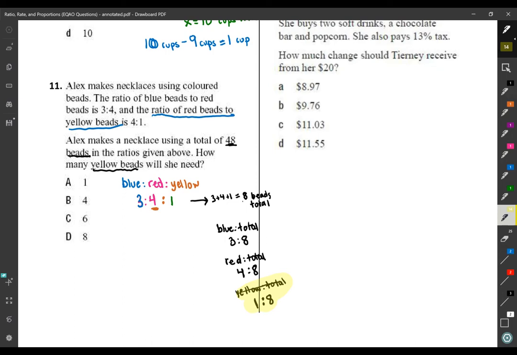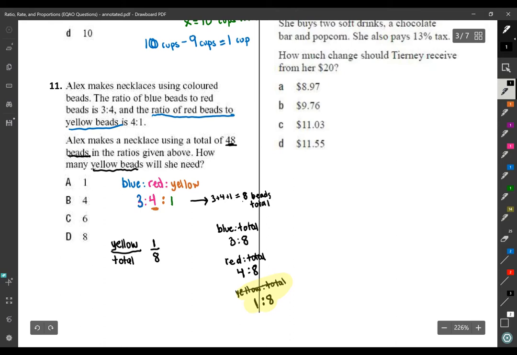So I know that yellow to total has to be in a ratio of 1 to 8.